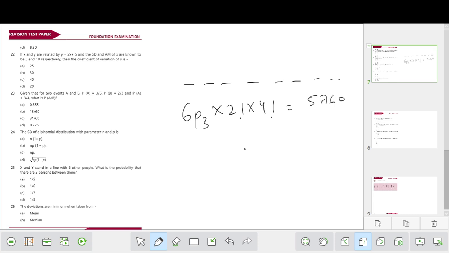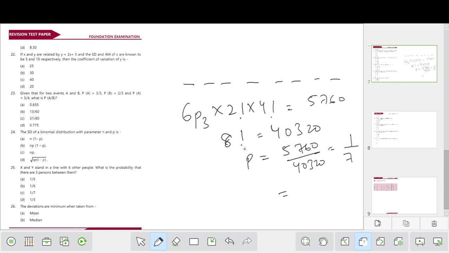And total it is 8 people. Total number of ways to arrange is 8 factorial, that is 8 into 7 into 6 into 5 into 4 into 3 into 2, that is 40320. So probability is equals to favorable outcome divided by total outcome. That will come almost 1 by 7.